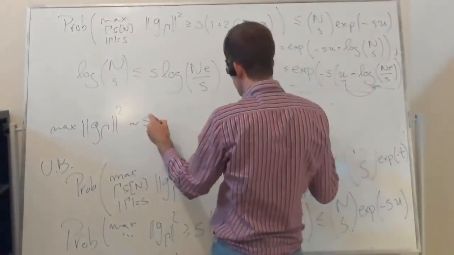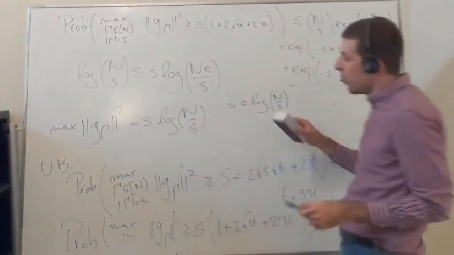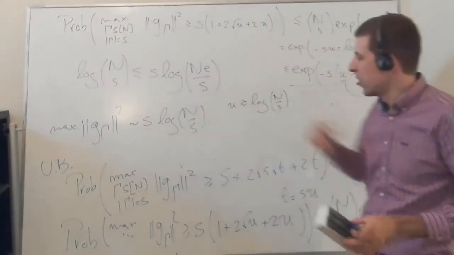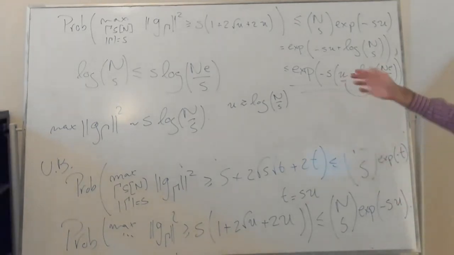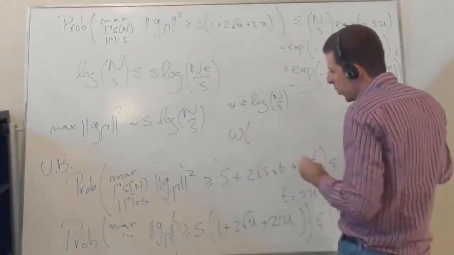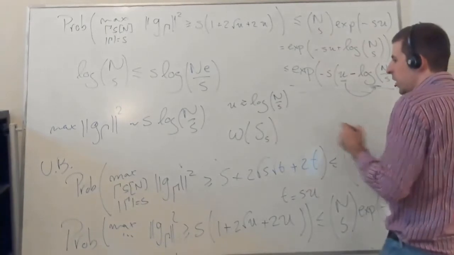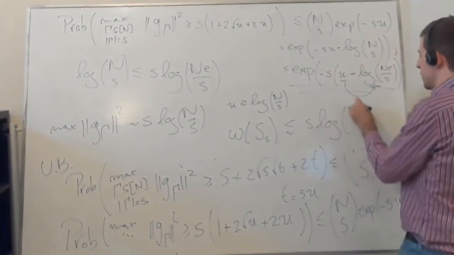Up to constants, we expect this to be like S log n over S. The probability that this is much bigger, say bigger than a very large constant times this, is very, very small. Now, to get control on the expectation, we just need to integrate the tail, and because the tail is so small, here I'm doing things without worrying too much about constants, we get that the Gaussian width of the sparse vectors is bigger or equal, up to constants, than S log n over S.